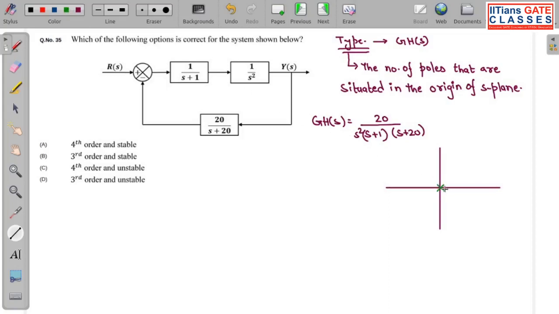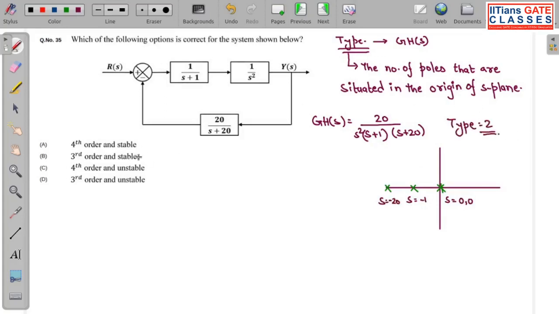There is a repeated pole at S equal to 0, then a pole at S equal to minus 1, and then a pole at S equal to minus 20. So here we have 2 poles at origin, then at minus 1, then at minus 20. The type of the system here is equal to 2.